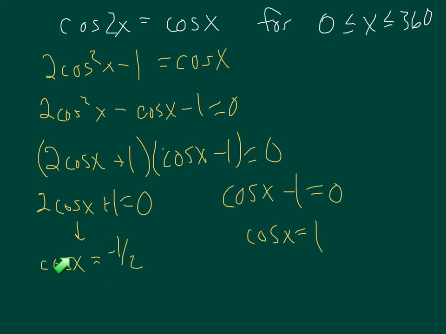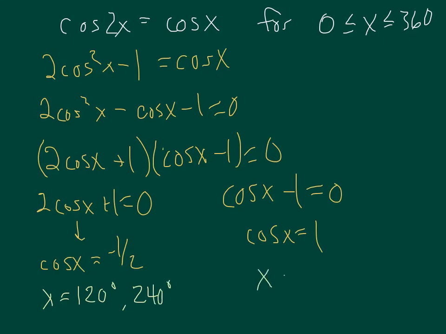Well, that's going to be in quadrant 2 and quadrant 3, and it's going to be a 60-degree reference angle. So those are going to be x equals 180 minus 60, so 120 degrees, or 180 plus 60 for the quadrant 3 one, that's going to be 240 degrees.